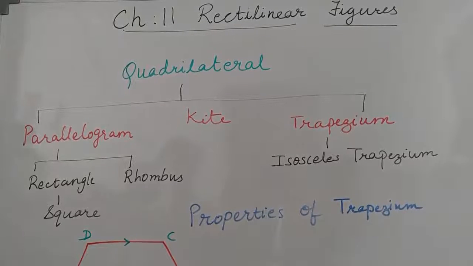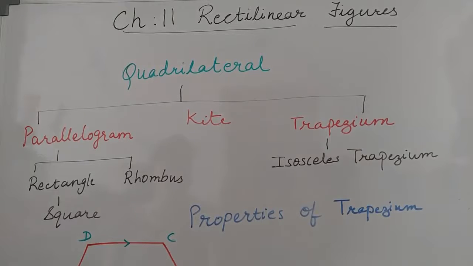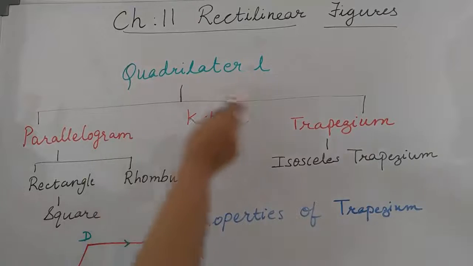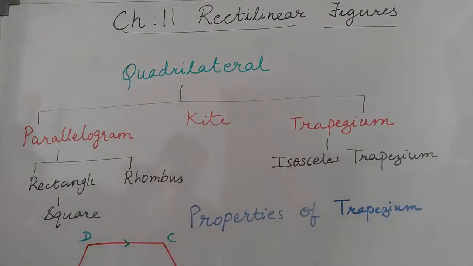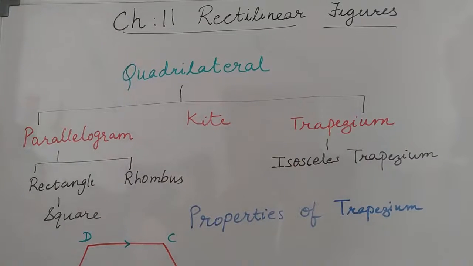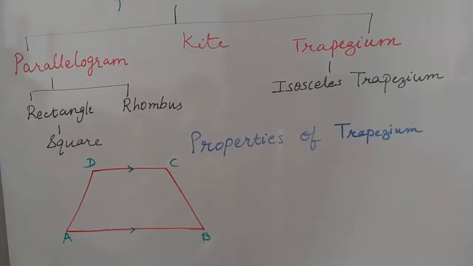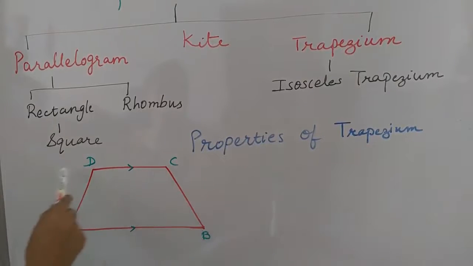Students, in the last part we have seen properties of a rhombus. Now it comes to properties of a trapezium. You can see our chart, in that trapezium will be there. So here now this is the figure of trapezium ABCD, and you can see that only one pair of the sides is parallel. These are the non-parallel sides.